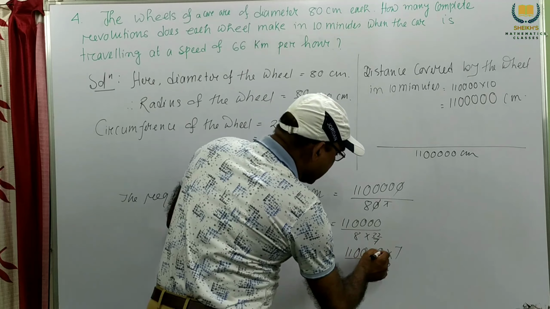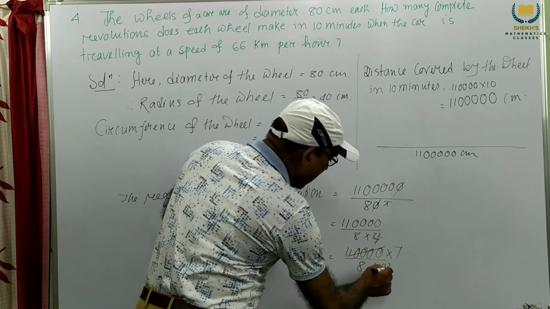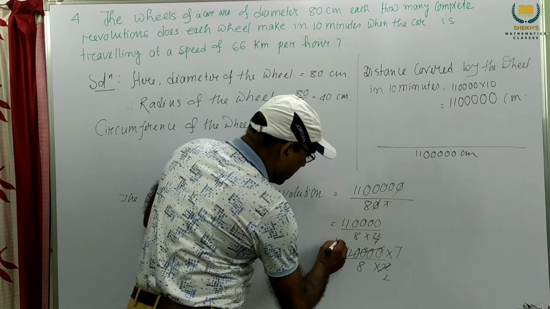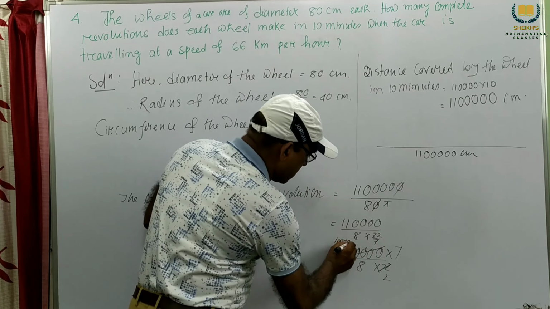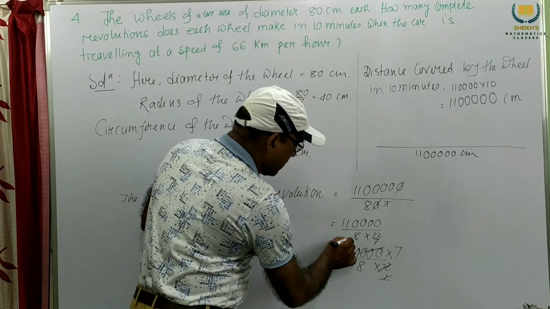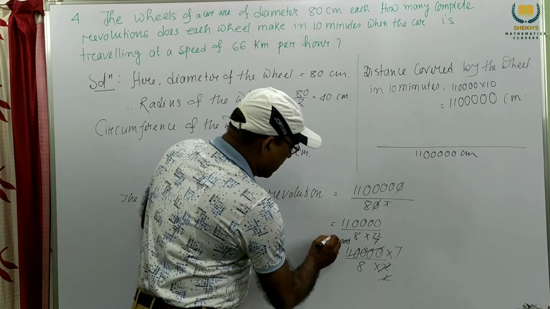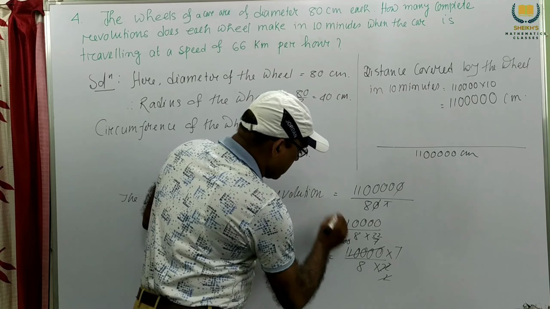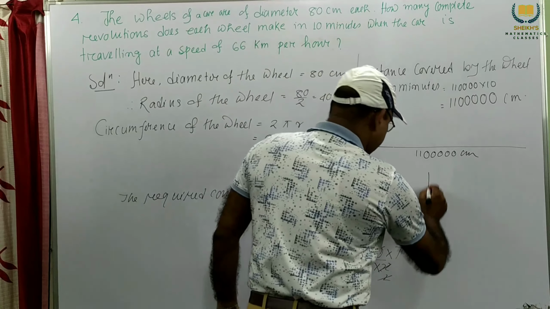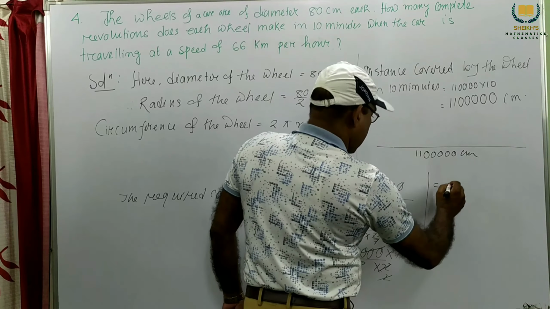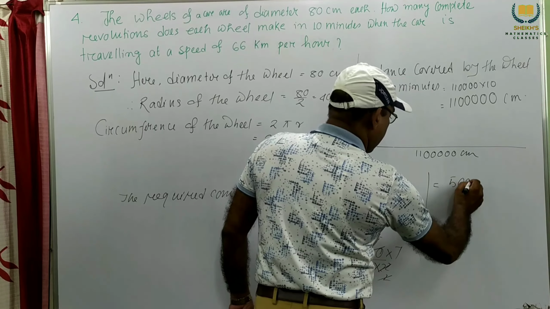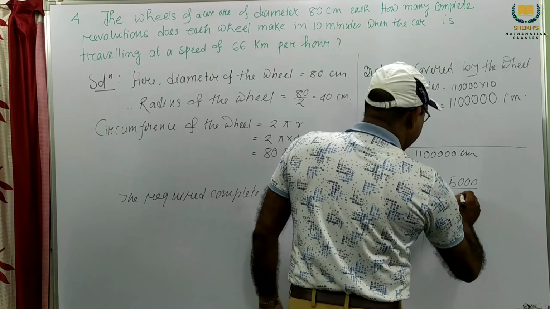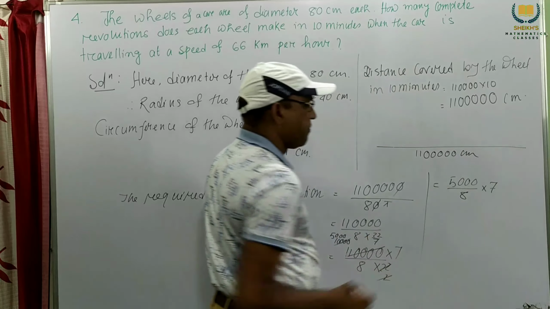If we cancel this by 11, we get 2 and this is 1 and 4 zeros. Again cancelling by 2, then we get 5, so ultimately we get 5000 by 8 into 7.